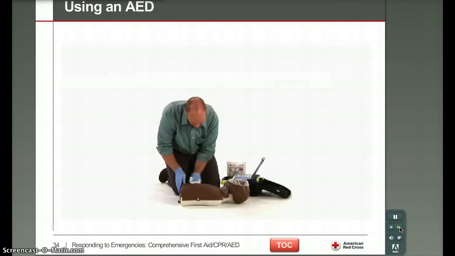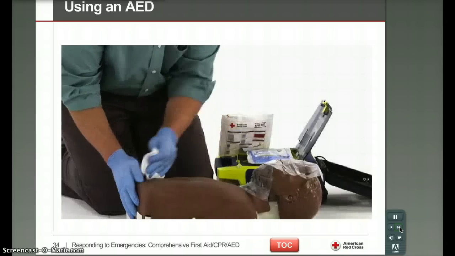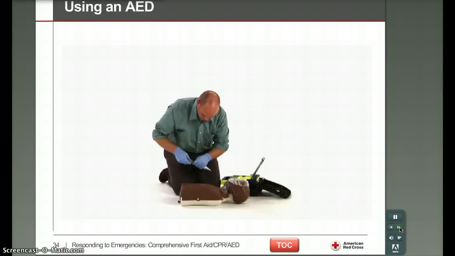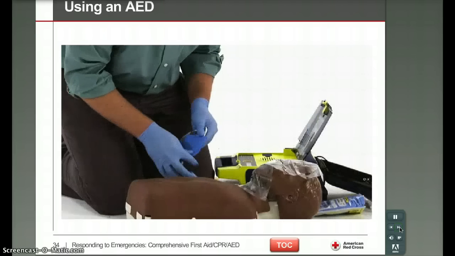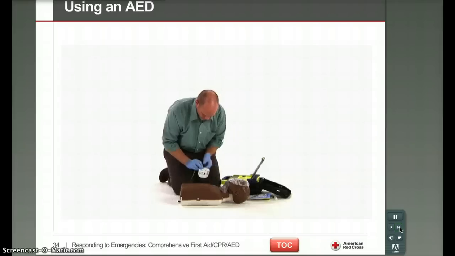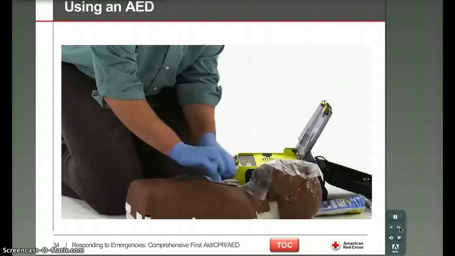An AED can also be used for children and infants who are not breathing. Use pediatric pads if they are available. Operate the AED and apply the pediatric pads to the child's chest the same way you would for an adult.